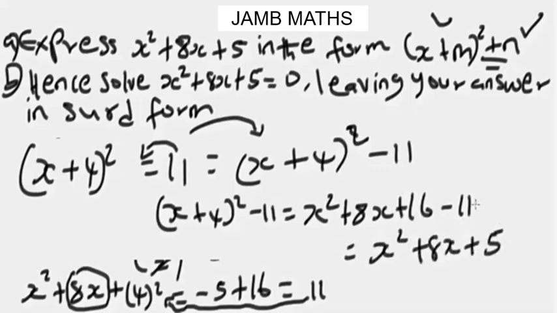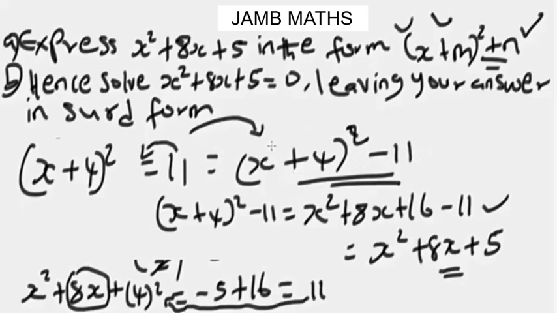So this minus 11 we need to complete the square will give us back the original. So this is the a part of it. Remember, for the a part, this is the only thing you have to write as your answer.